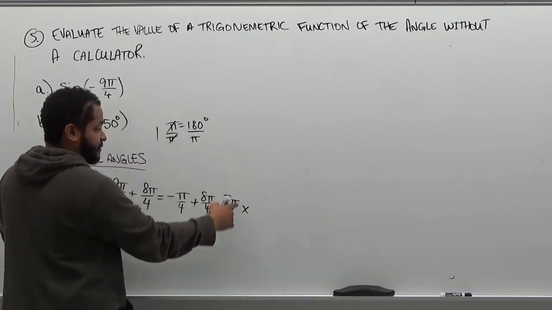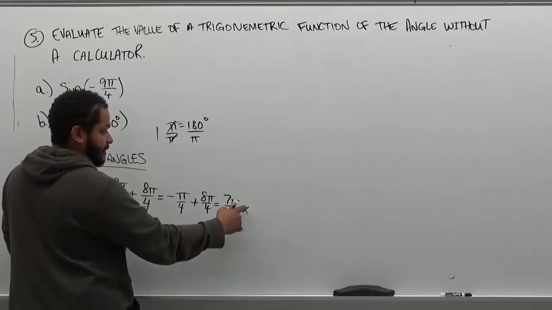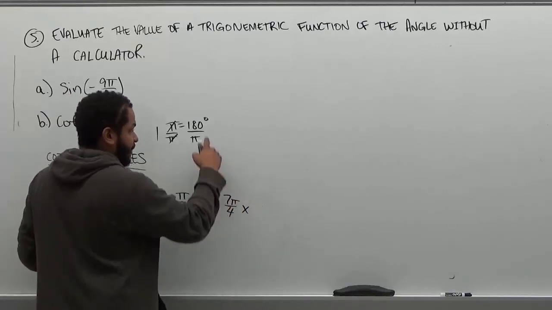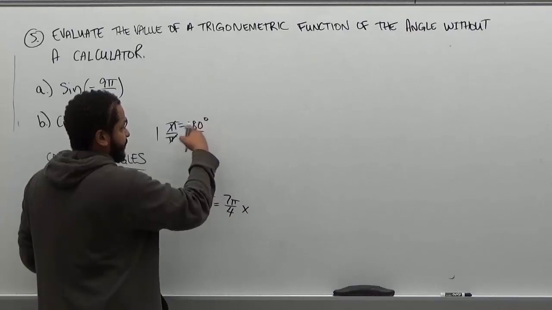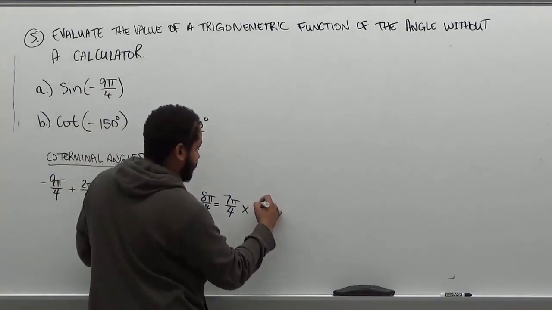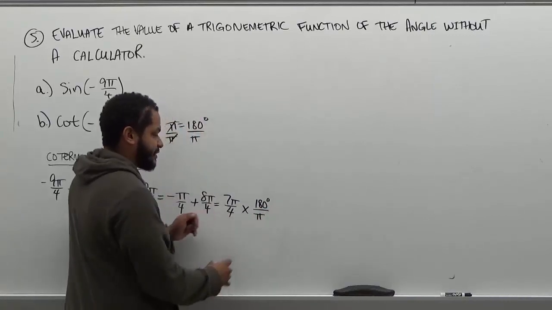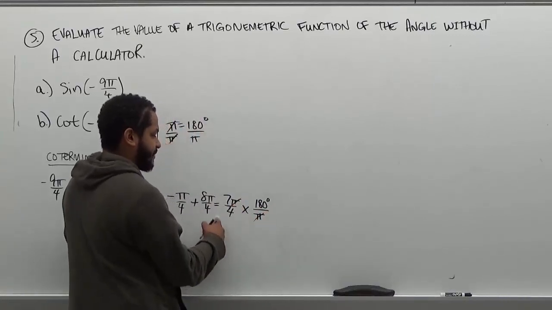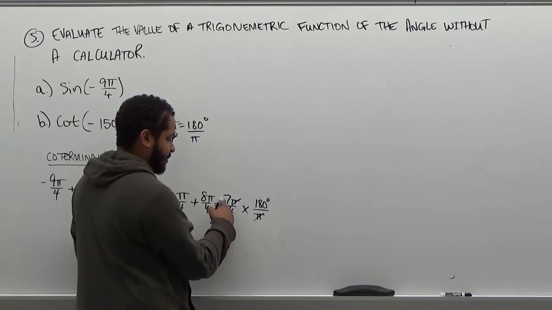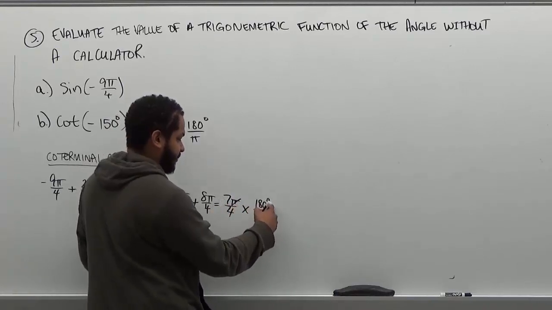So we're going to multiply by 180 over pi to convert it from radians to degrees. So we have here 180 over pi. And here we see the pi's go away. And we have 7 over 4 times 180 degrees.